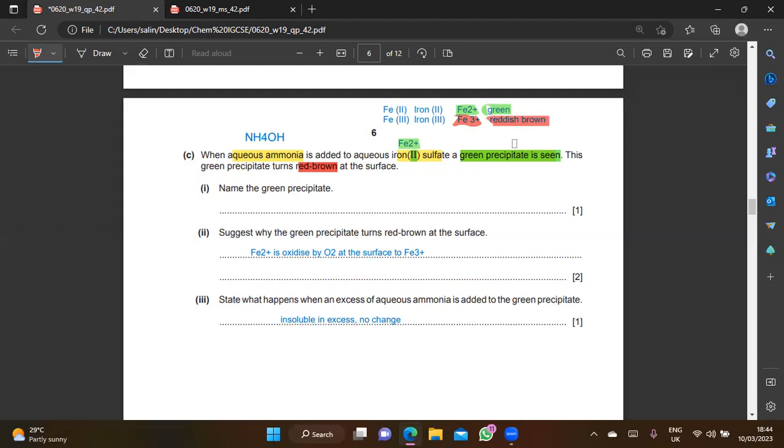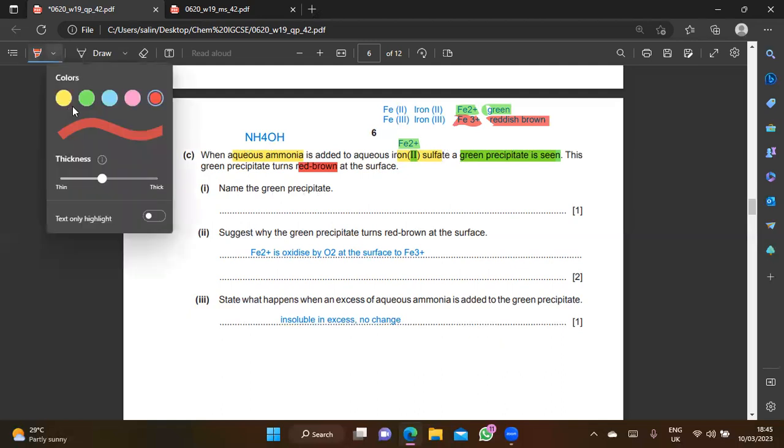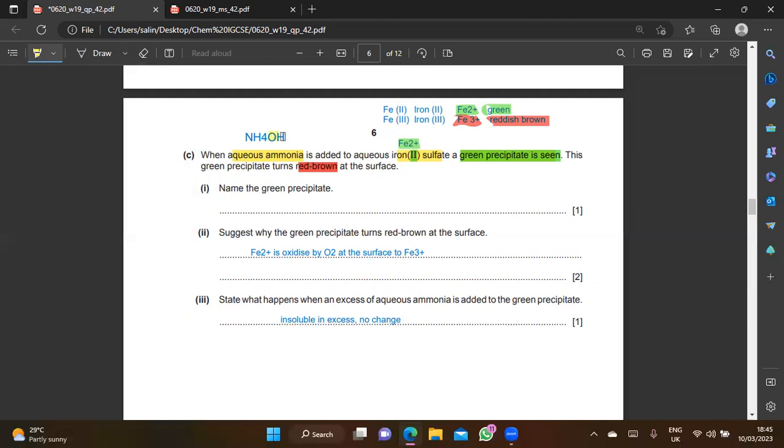All right. Now from here, we will know how to answer this question. The first question is: name the green precipitate. Iron 2 sulfate reacts with ammonium hydroxide. It's very easy. In chemistry, it's always changing partners. So this is the hydroxide part.